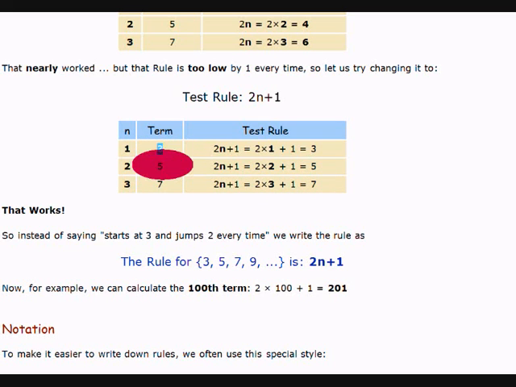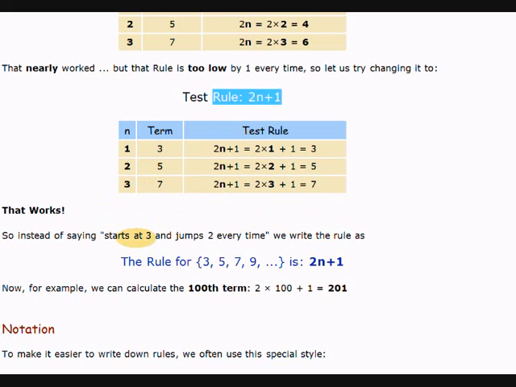The position is represented by the symbol n. Which term is it? The third term is 7. We found that the rule works for all the terms.